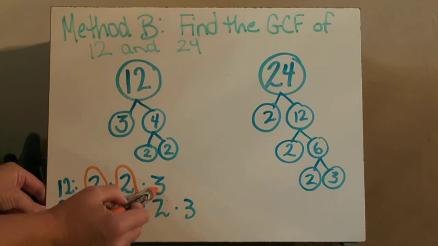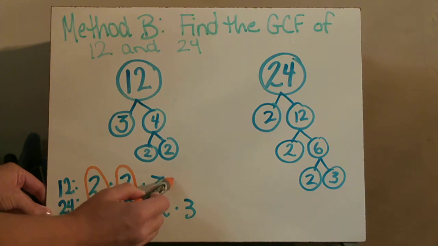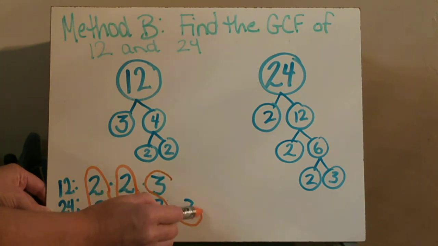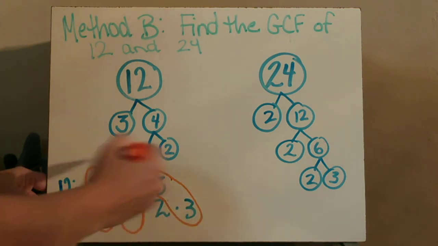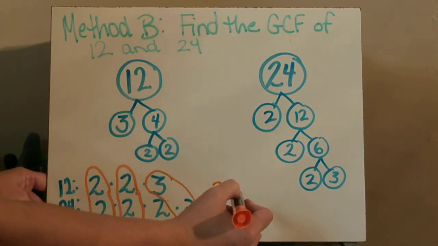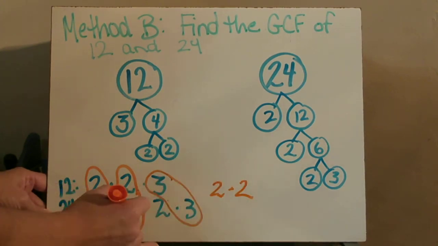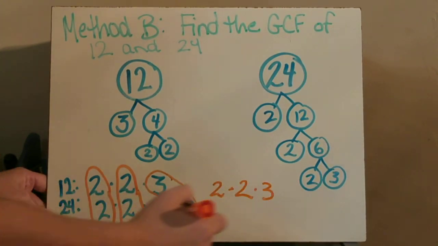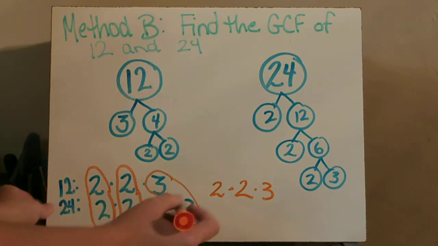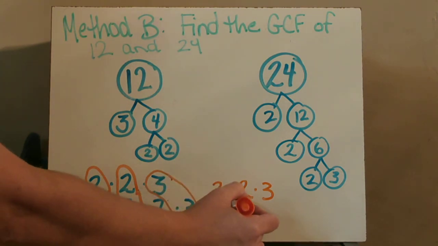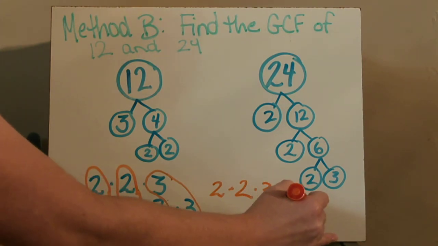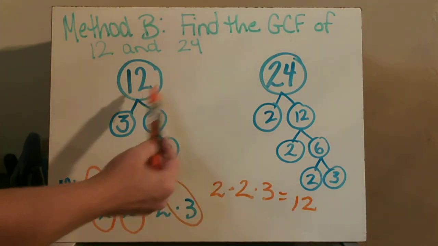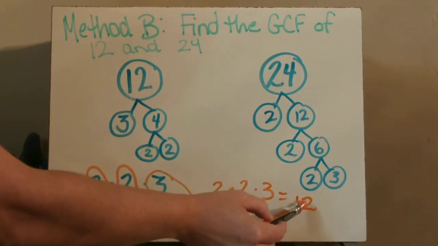But notice there's a 3 in the 12 row and a 3 in the 24, which means that 3 is also a number they have in common. So I use the numbers they have in common, which was the number 2, the number 2, and the number 3. And I multiply those numbers together. So 2 times 2 is 4. 4 times 3 is 12. So the greatest common factor of 12 and 24 is 12.